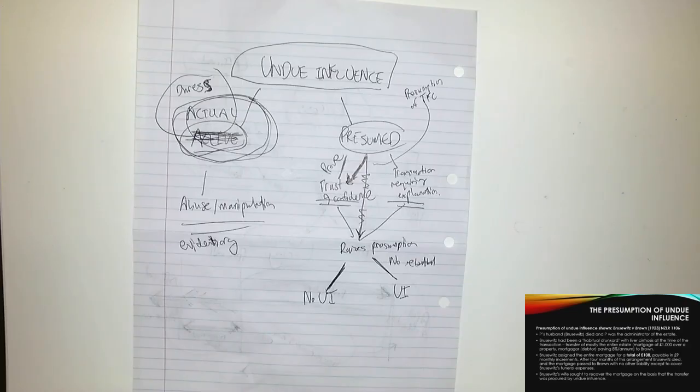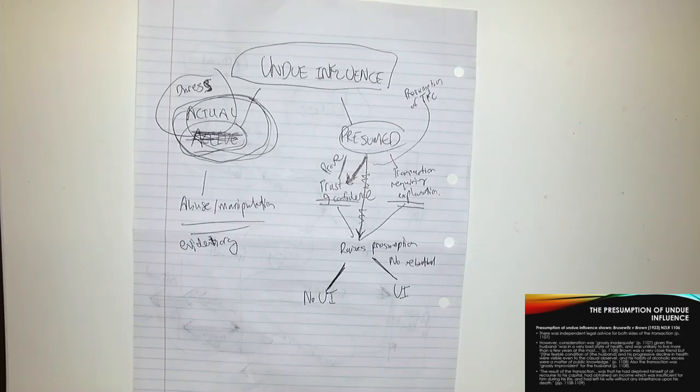So he essentially got this valuable mortgage over this other property that someone was paying back. Brozovitz's wife says, no, that actually belongs back with the estate because that transfer to you was procured by undue influence. You abused or manipulated or exploited your relationship with your friend to procure this transfer of property. So that was the allegation.